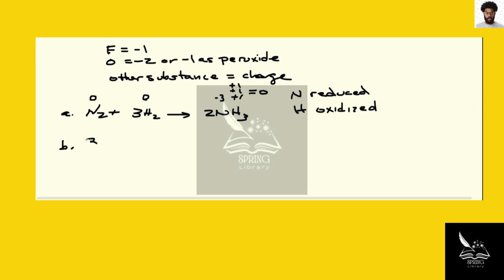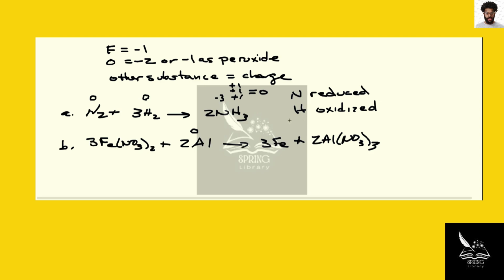All right, so let's say we have some iron 3 nitrate and solid aluminum, which becomes iron and aluminum nitrate. Okay, elements in their natural state are 0.